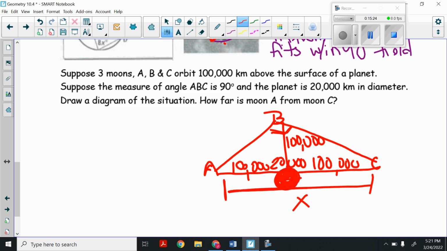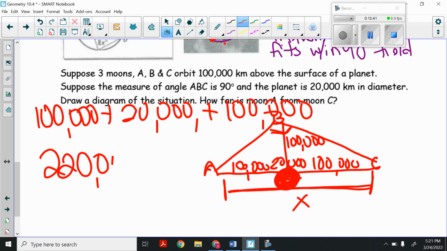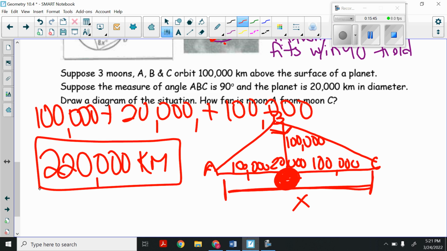So if I want this entire thing, that's 100,000 plus the diameter, 20,000, my planet, plus the other 100,000. So I end up with 220,000 kilometers. That's how far Moon A is from Moon C.